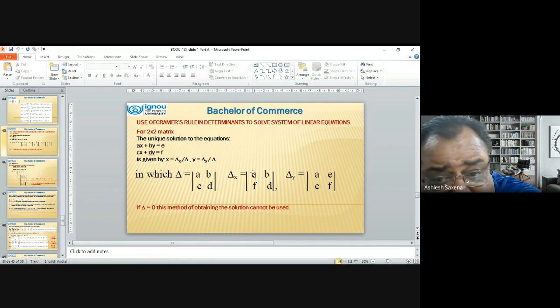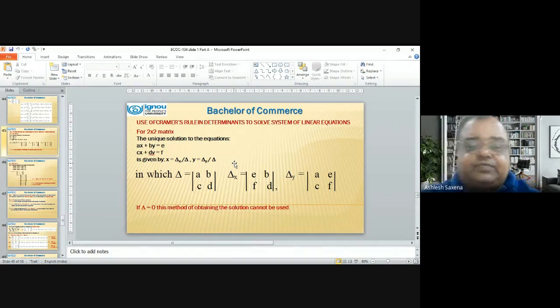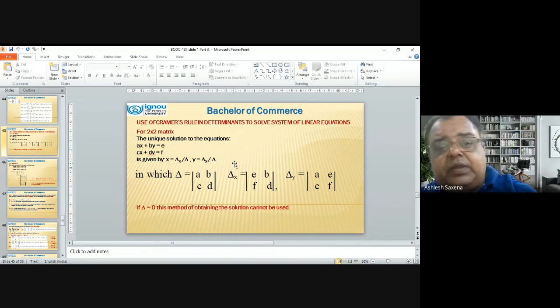We will be changing the first column by these numbers e and f. So a, c will be replaced by e, f. In delta y, this b, d will be replaced by e, f.